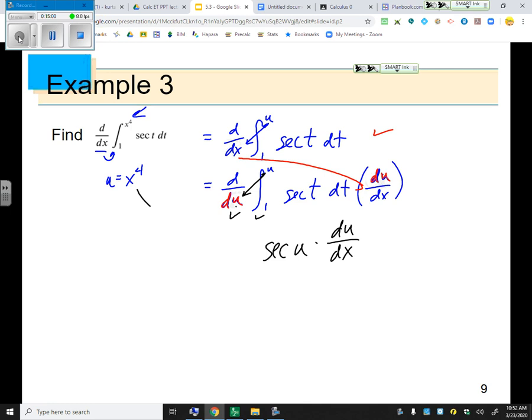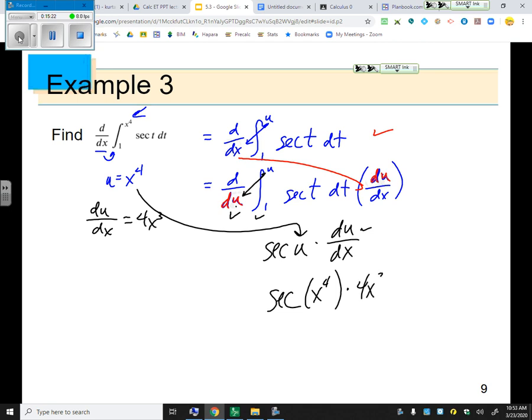Remember, u is equal to x to the fourth, so I'm going to put it down right here: secant of x to the fourth. And then du over dx is the derivative of u with respect to x, which would be 4x cubed. And so I need to tag this on to the end of it.